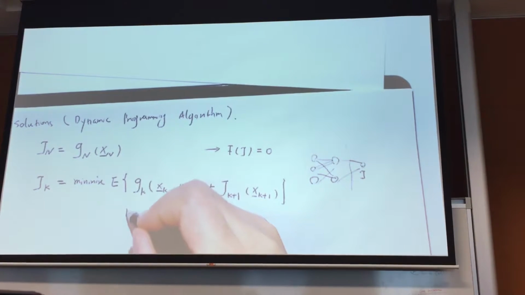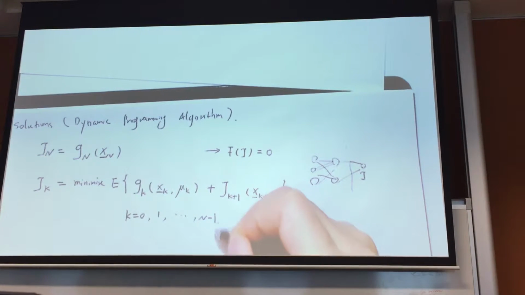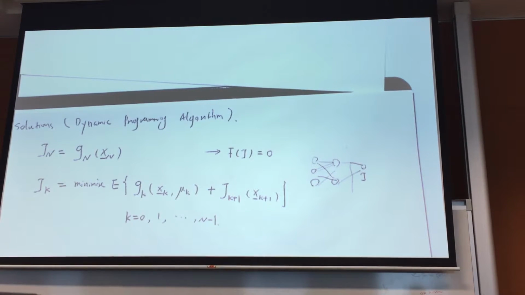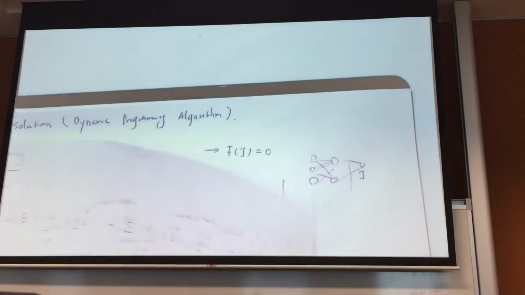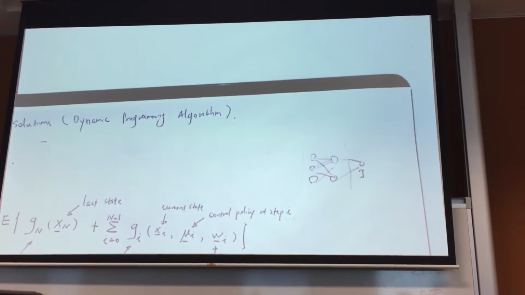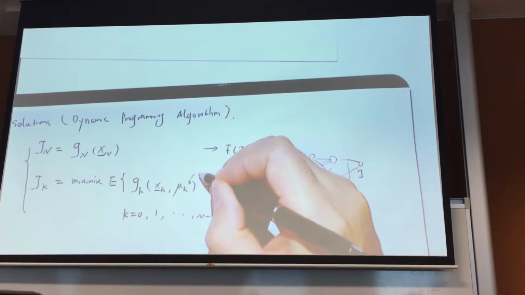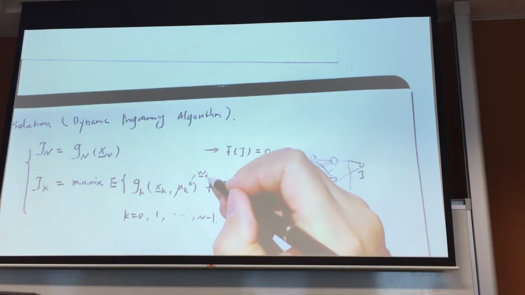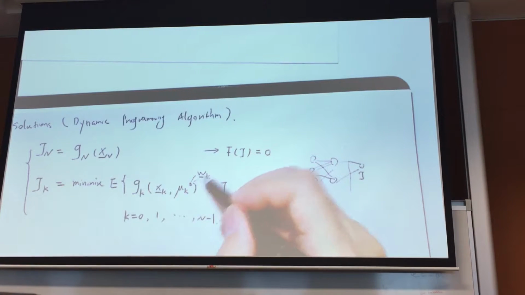This for k equal to 0, 1 up to n minus 1. So these are the solutions, I would say the algorithms. So in this equation, I just ignore the random disturbance. If you got random disturbance, you can just put it here. To make it simple, I just ignore this random disturbance.